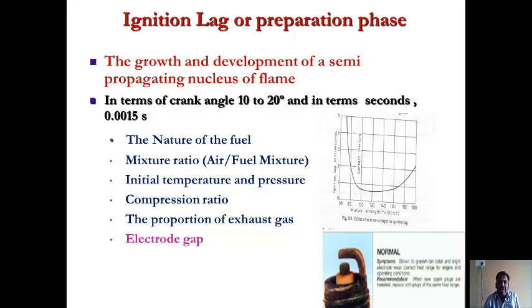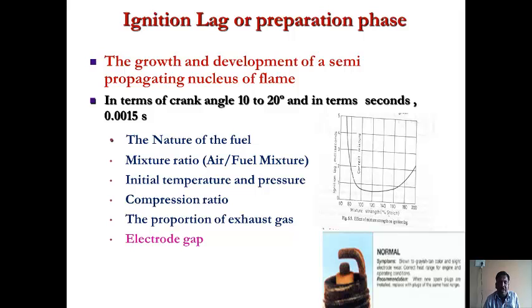If the fuel has a very high ignition temperature, it might have a very long ignition lag period. If the fuel has a low auto ignition temperature, then it may have a very short ignition lag period. So the important property is the auto ignition temperature of the supplied fuel.